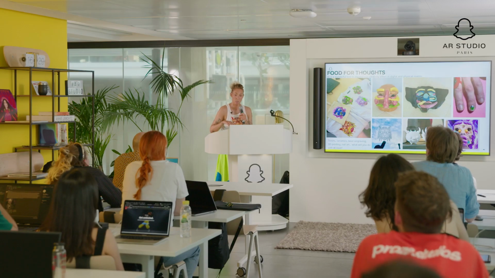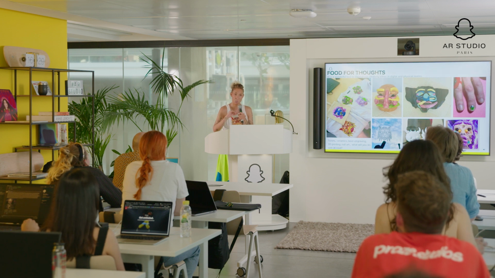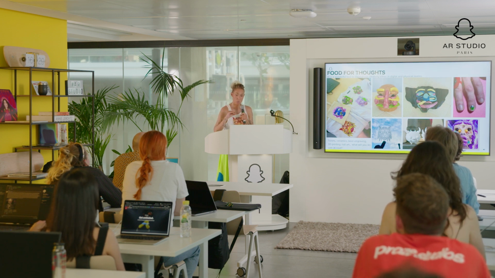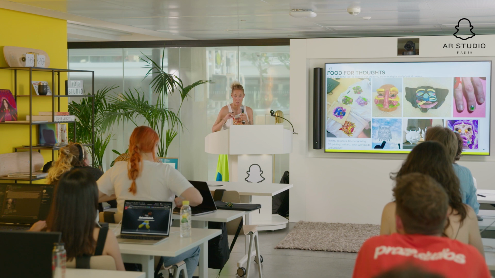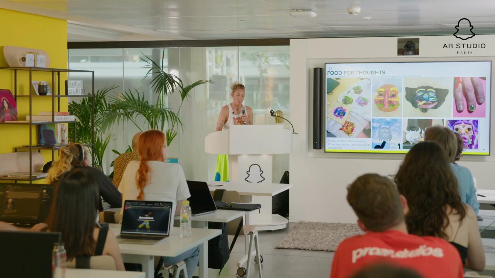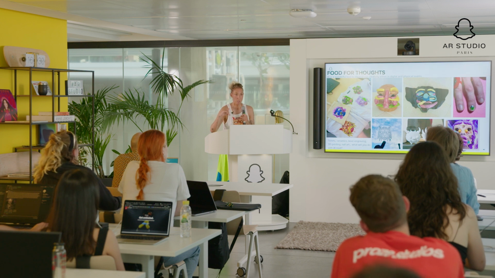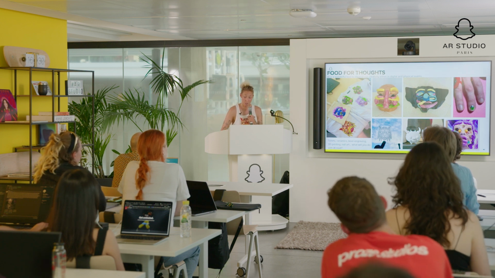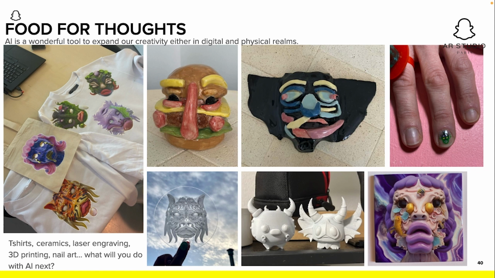I made a solo show in March, and at the opening we had a nail artist, and she was painting the creatures on people's nails. It was awesome. It was so cool. And then this is an example of laser engraving in acrylic, 3D printing, and then ceramic tiles. This is just an example of what I've done with that, but the sky is the limit.